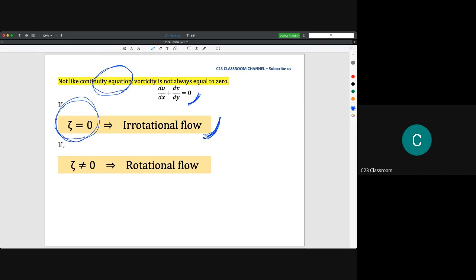If zeta is 0, it doesn't have any tendency to spin, so we call it irrotational flow. Then if zeta is not equal to 0, it means zeta has a certain value, meaning the molecule has tendency, has inner power to spin, so we call it a rotational flow. So please remember these terms.